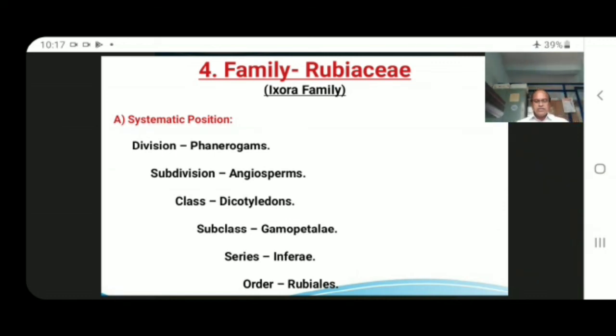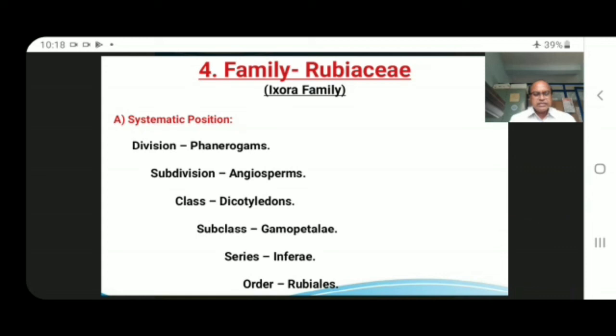Then the next example of this family is Cinchona officinalis, which shows some economic importance, such as it is the commercial source of quinine. It is useful in the treatment of malaria and fever.